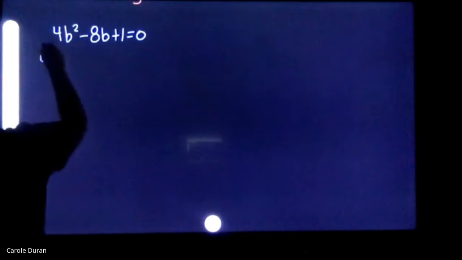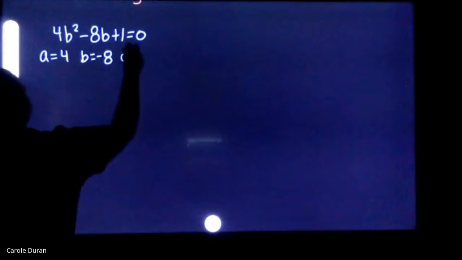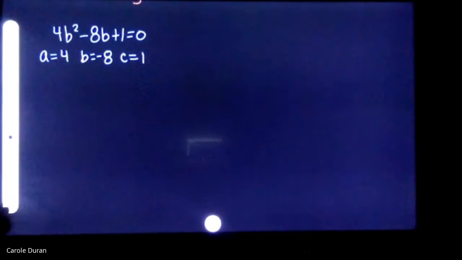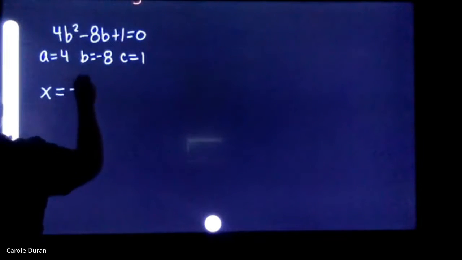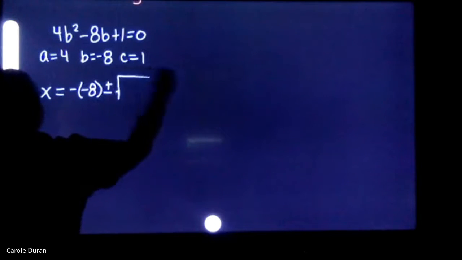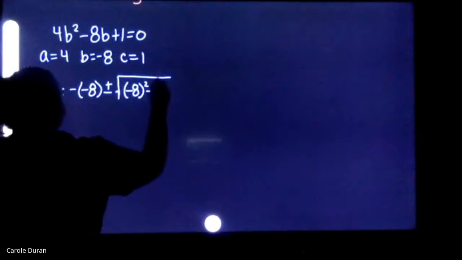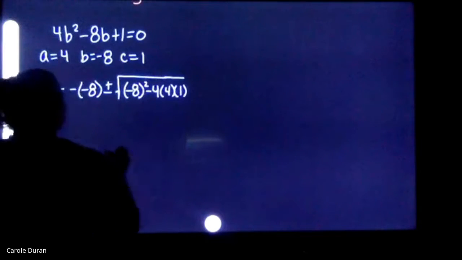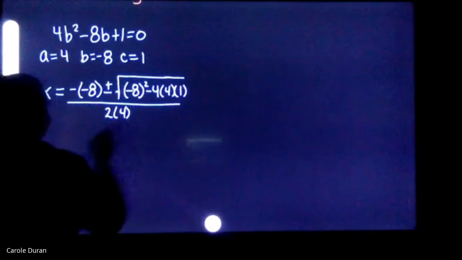So I pull out my a, b, and c values. And then I plug those into my quadratic formula. So I get x equals the negative of -8 plus or minus the square root of -8 squared minus 4 times my a value of 4 times my c value of 1 all over 2 times my a value of 4.